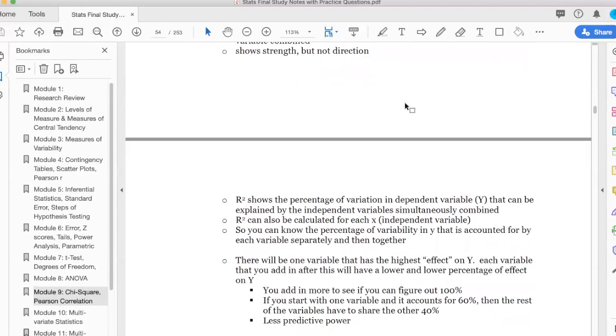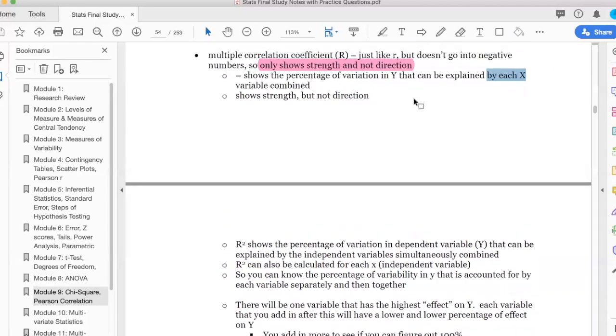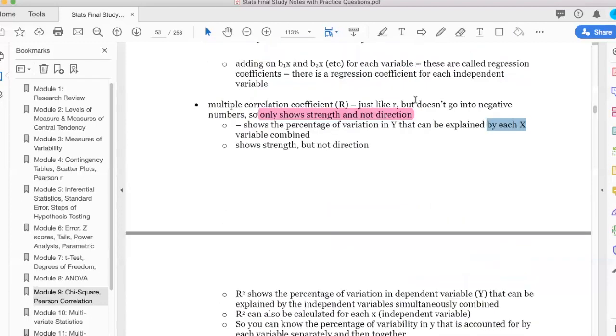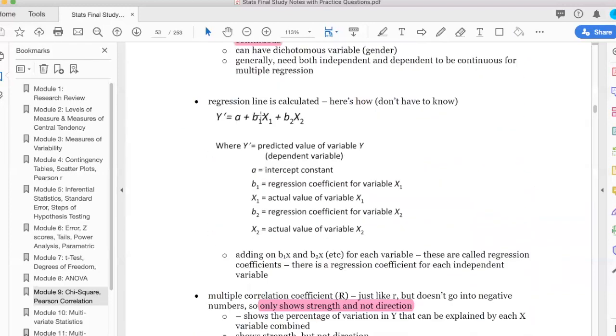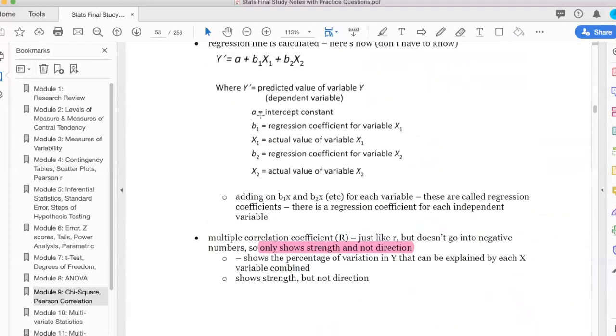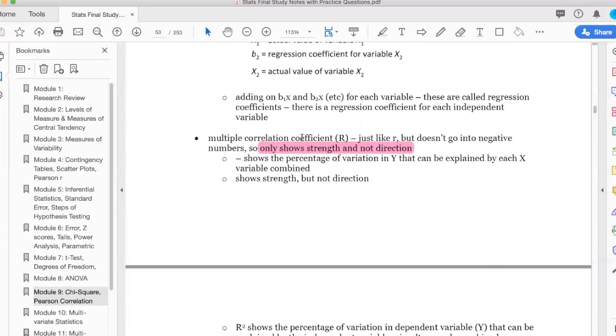So very similar to that coefficient of determination, except now you're doing it with multiple. You've got multiple regression, which is like your Pearson R, and then you have your multiple correlation coefficient, which is like your coefficient of determination in your Pearson R, okay?